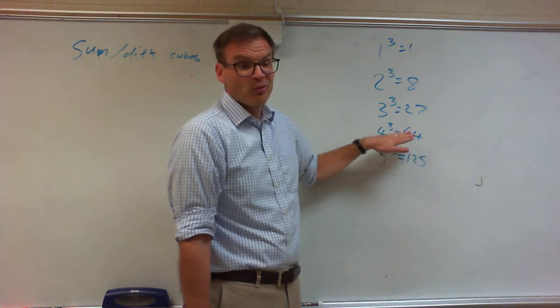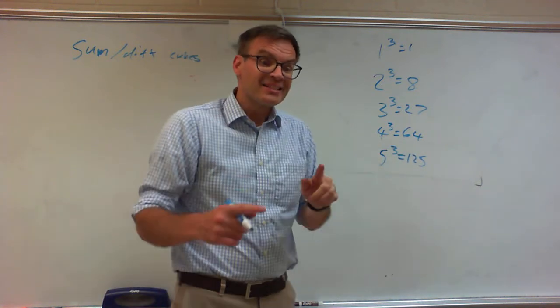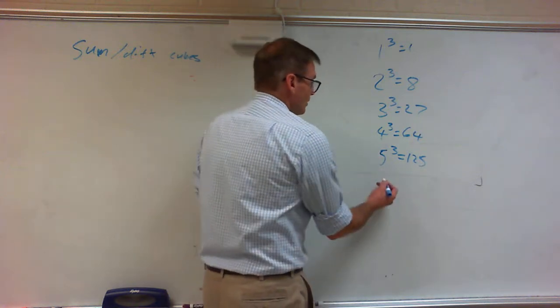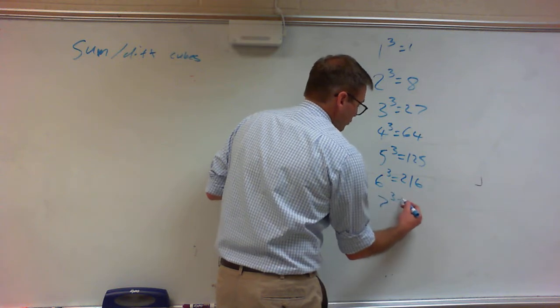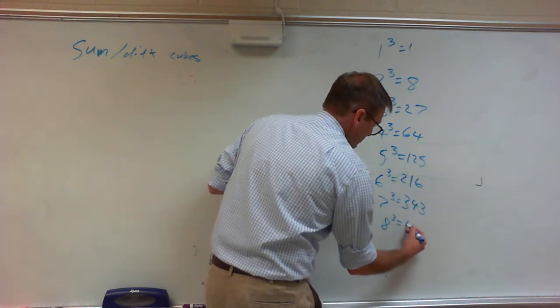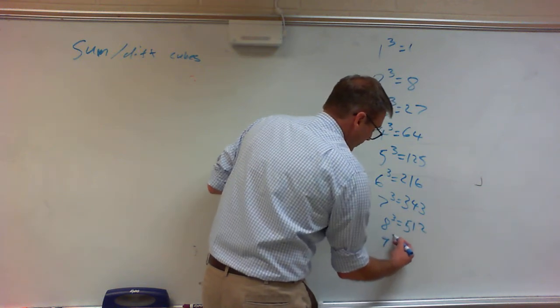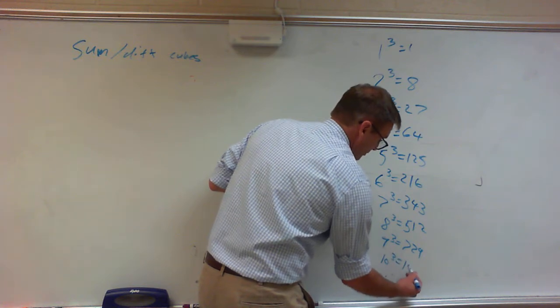And when you see 64, that's 4 cubed. Those are the bare minimum. It's nice to know the rest of these. It's nice to know that 6 cubed is 216, 7 cubed is 343, 8 cubed is 512, 9 cubed is 729, and then 10 cubed is 1,000.